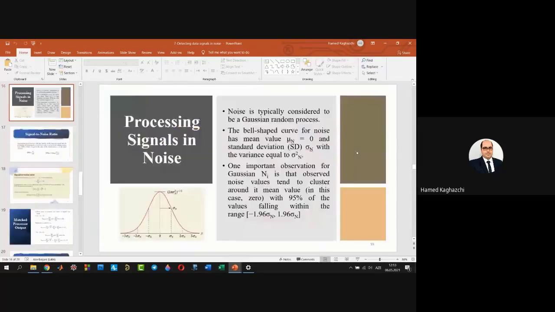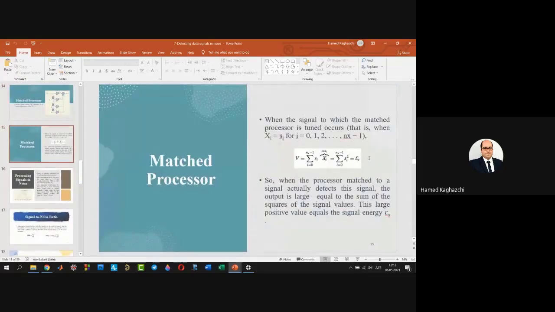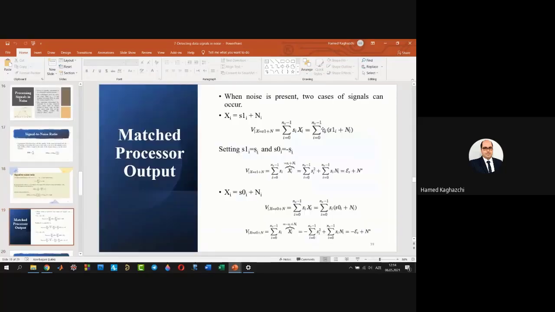In the noiseless case, we found that if we calculate the output of the matched processor, we will find the energy of the signal. The energy of the signal. So then we defined the signal to noise ratio.